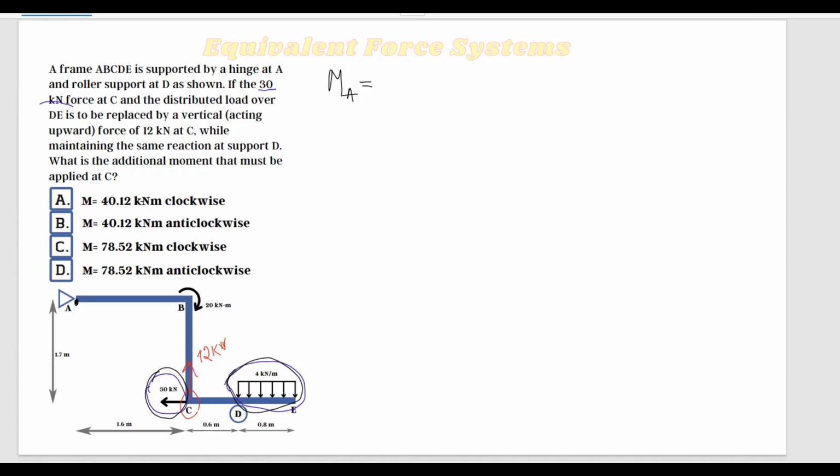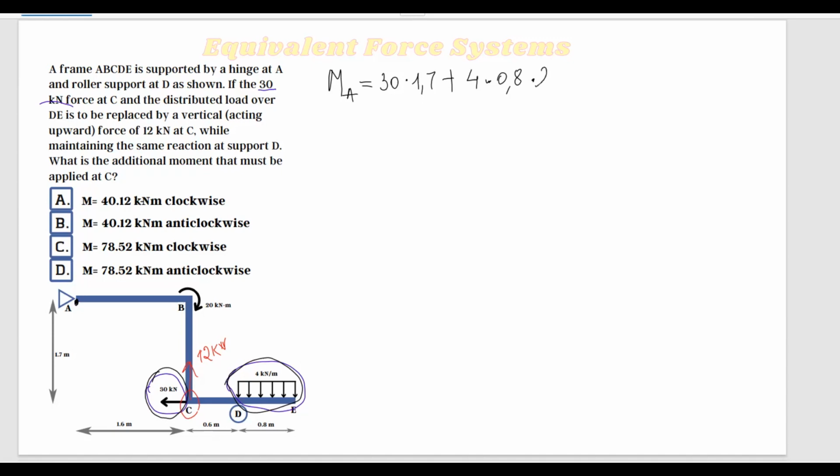And after that, we're going to discuss and see what else we can do. So the moment about A with the forces that we're going to remove is going to be equal to 30 kilonewtons multiplied by the arm, which is 1.7 meters, plus we have 4 multiplied by 0.8 and multiplied by 1.6, 0.6 plus, and 0.4 plus.